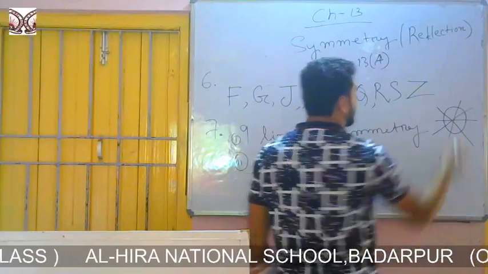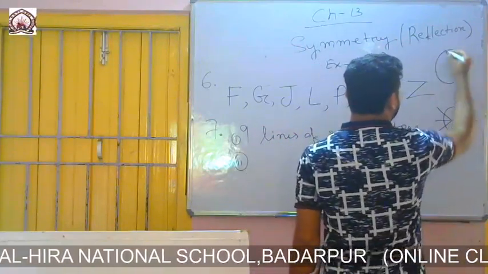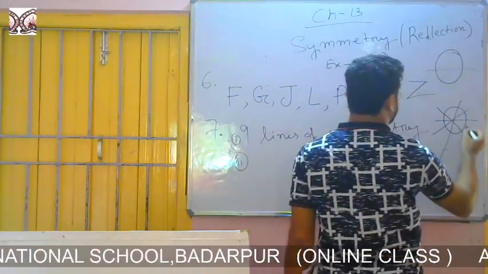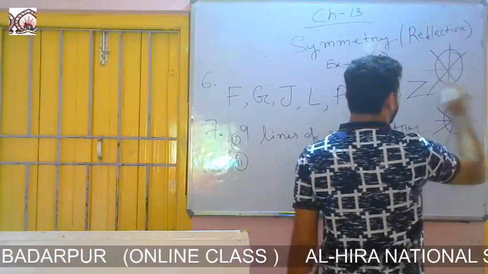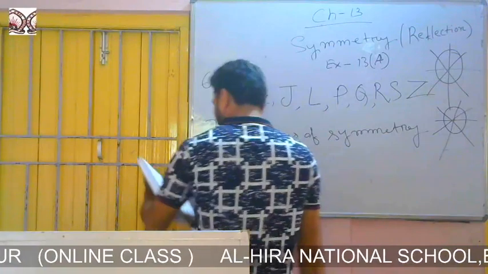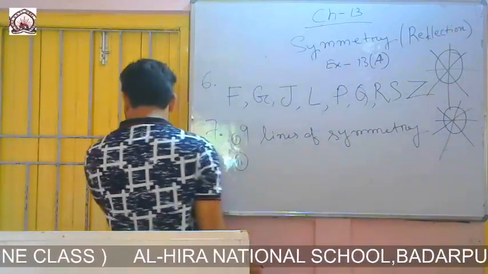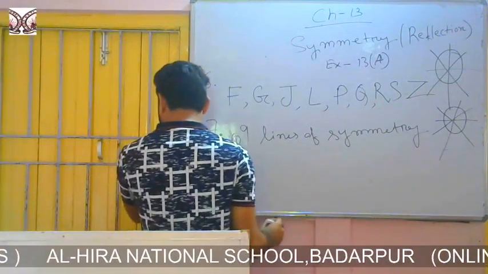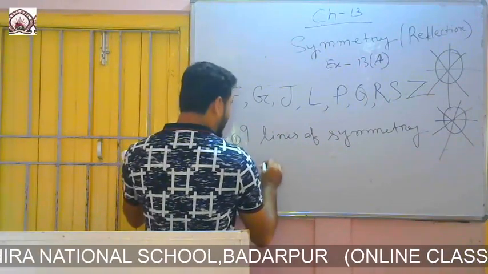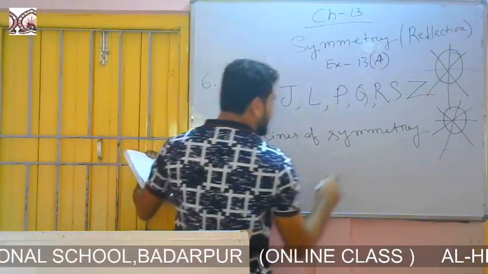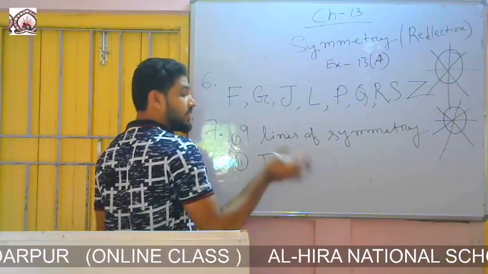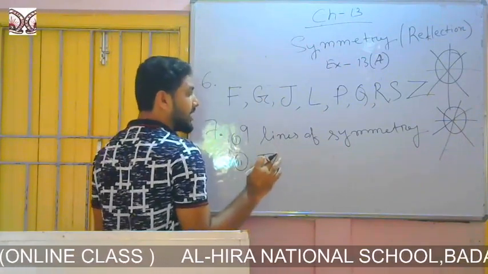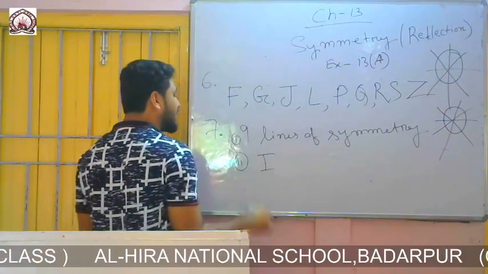Suppose this is a circle, then I can draw here also vertically, here also, here also. That means infinite lines I can draw. So you write the English letter O, that means infinite lines can be drawn, because the English letter O can be considered as a circle, and through a circle we can draw infinite lines.